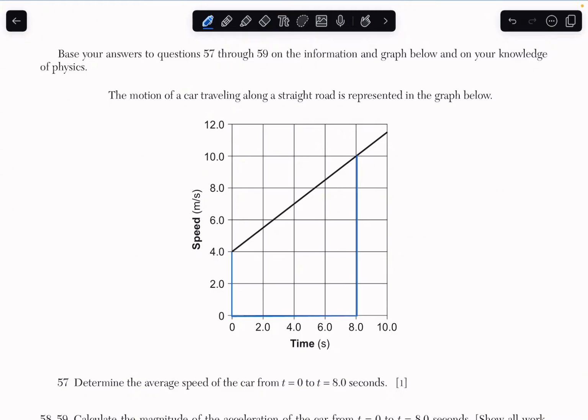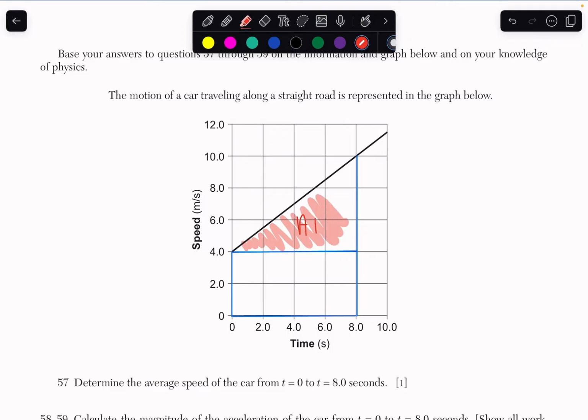What we could do here is split this up into a triangle and a rectangle. I'm going to say that this here is area 1, and I'm going to color that in with red. This is area 1, and the rectangle here, that is area 2, and I'm going to color that in with blue.